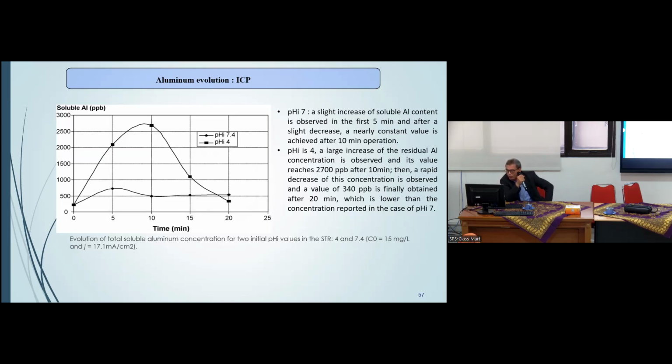For pH 4, a large increase of the residual aluminum concentration is observed, and its value reaches 2070 ppb after 10 minutes. After that, a rapid decrease of this concentration is observed, and 340 ppb is finally obtained after 20 minutes, which is lower than the concentration reported in the case of pH 7.